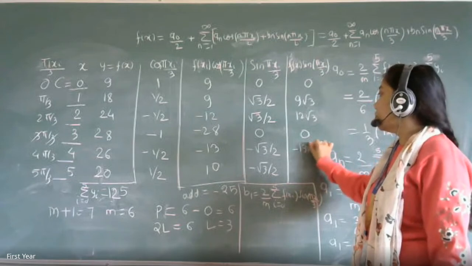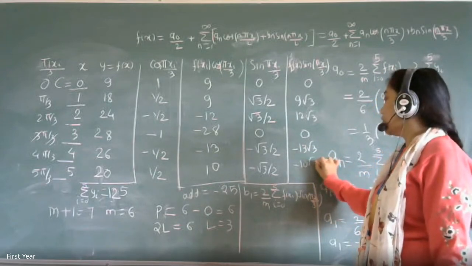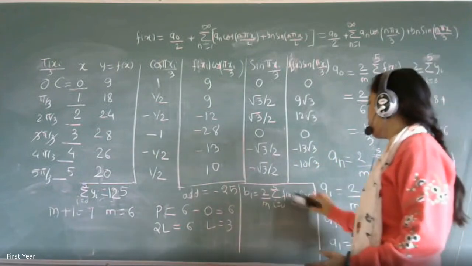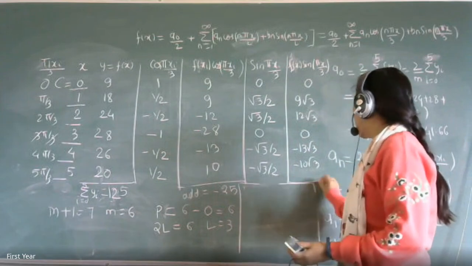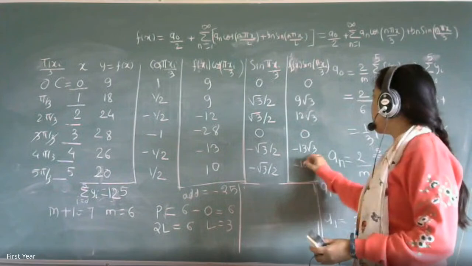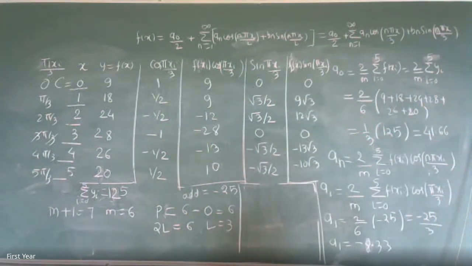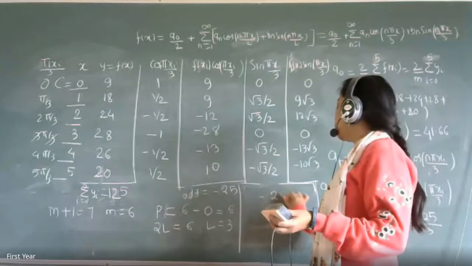Minus 13 root 3. And then minus 10 root 3. Do this summation, that will give you B1. So do the addition of this. What is the addition? Plus 21 minus 23 is minus 2 root 3.